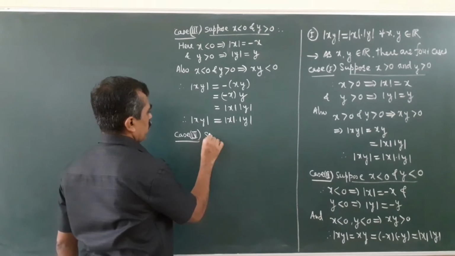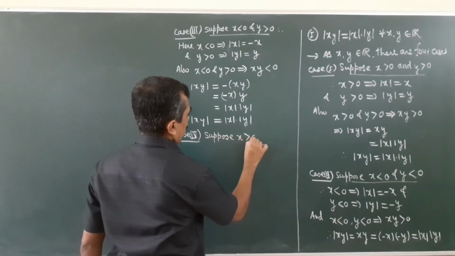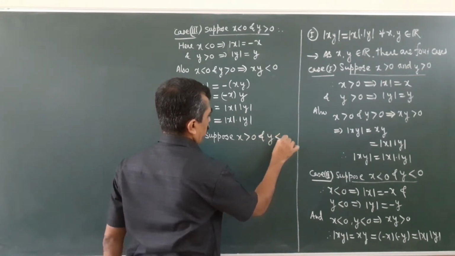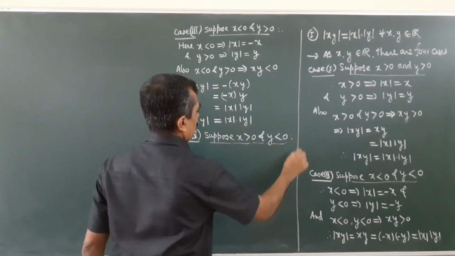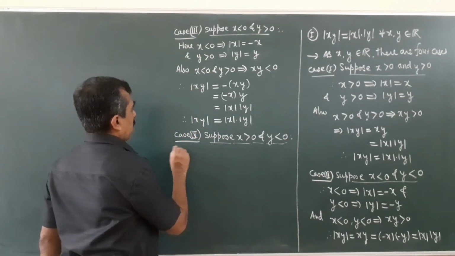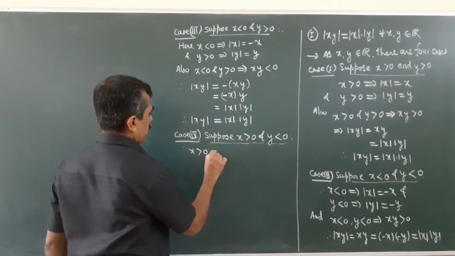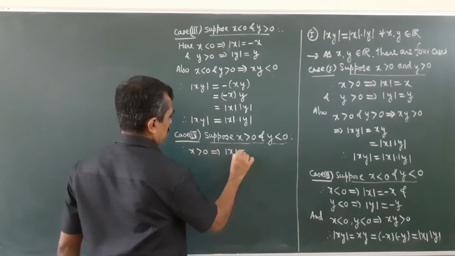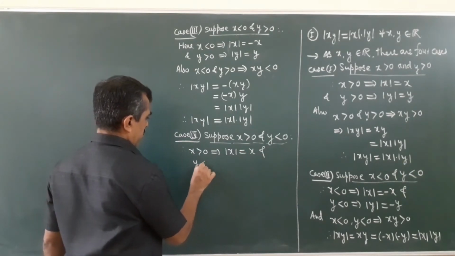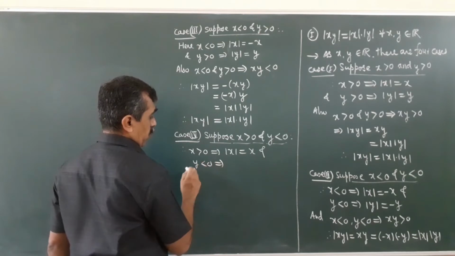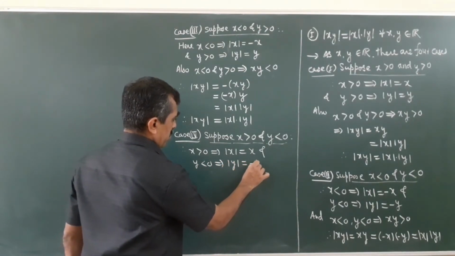Case 4. Suppose x is greater than 0 and y is less than 0. Therefore, x greater than 0 implies mod x is x, and y less than 0 implies y is negative, so mod of y is minus of y.